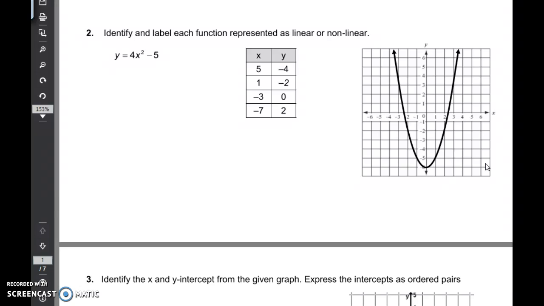All right, the second question is asking about whether something is linear or not. This should be very clear that it's not linear. To be linear, it would need to have a straight line. The middle example, we can see if the slope is constant.